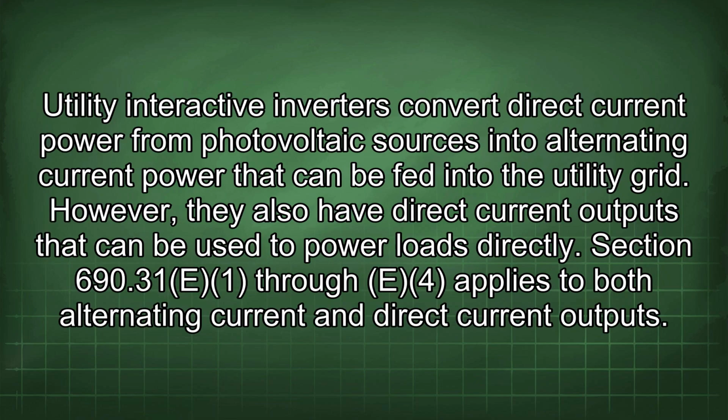Inverter outputs are typically both alternating current and direct current. Utility interactive inverters convert direct current power from photovoltaic sources into alternating current power that can be fed into the utility grid. However, they also have direct current outputs that can be used to power loads directly. Section 690.31(E)(1) through (4) applies to both alternating current and direct current outputs.